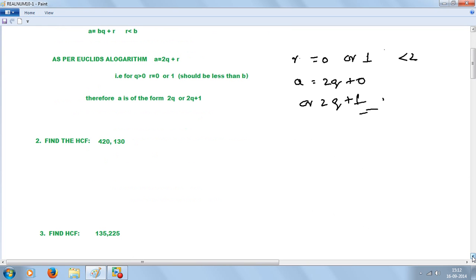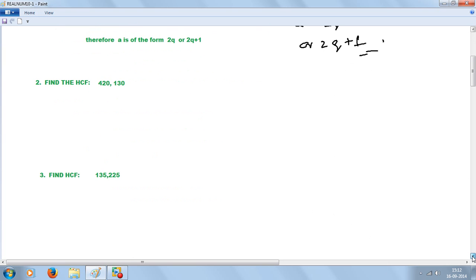So we'll put the next problem. Find the highest common factor, HCF, for these two numbers: 420 and 130.